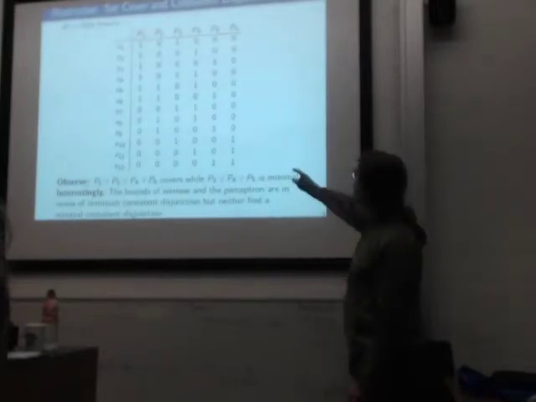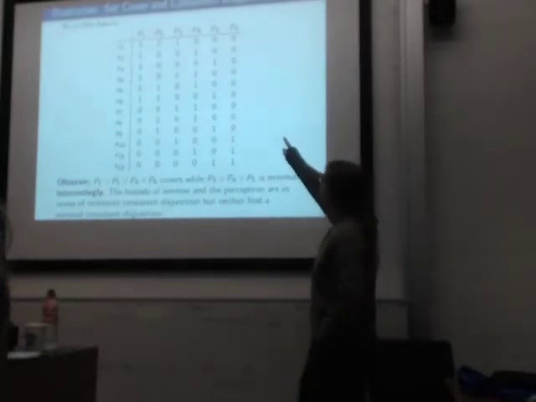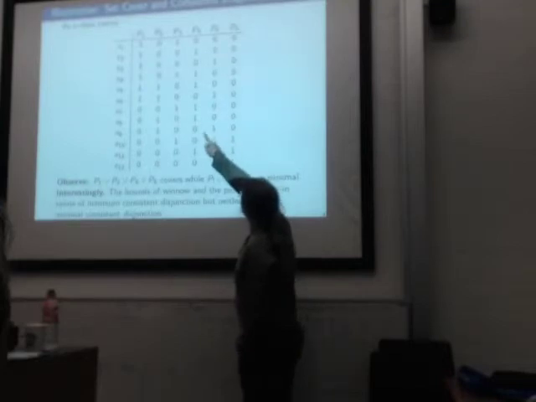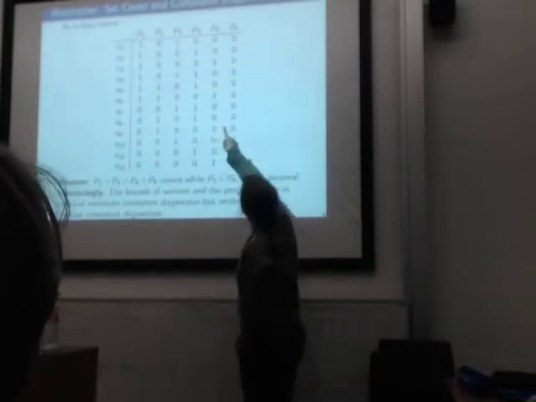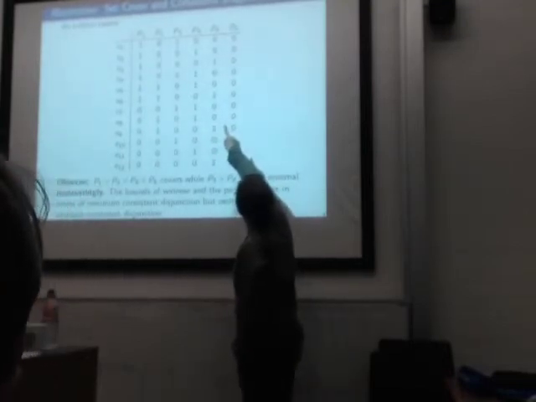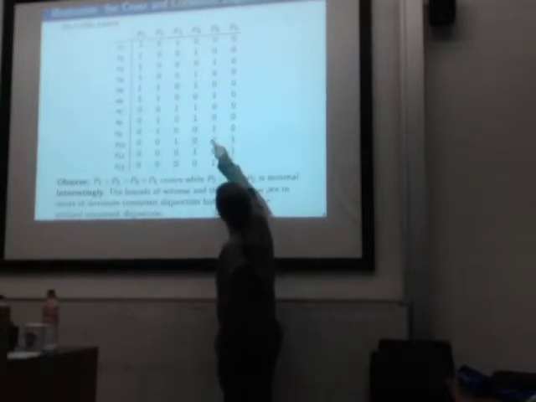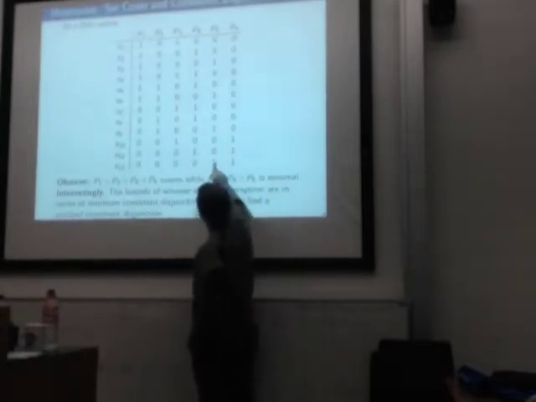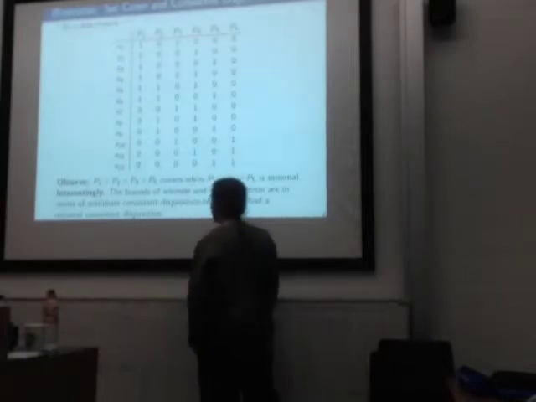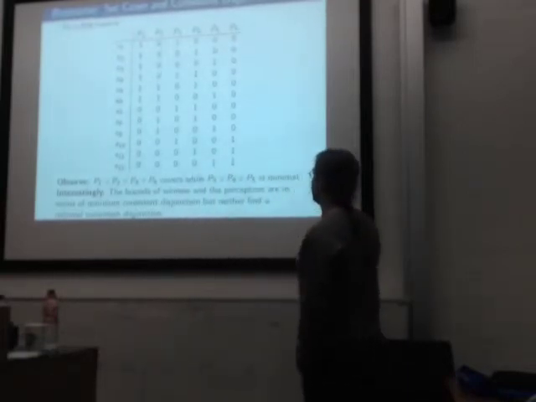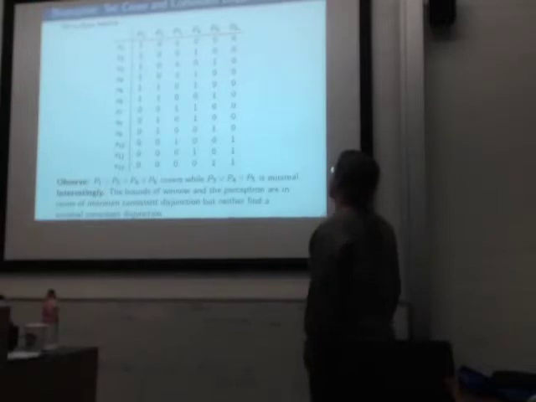How can we see that P3, P4, P5 cover? Because look, X1 skill is covered by P3, X2 skill is covered by P2, X3 skill is covered by P5. Go all the way down, we see that each of these skills are covered by one of the people in there, okay?